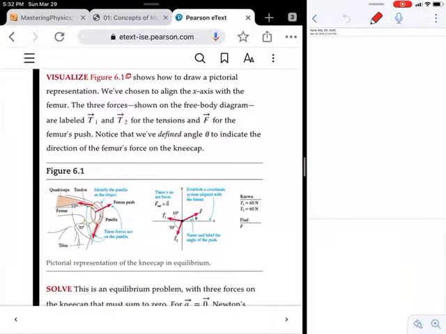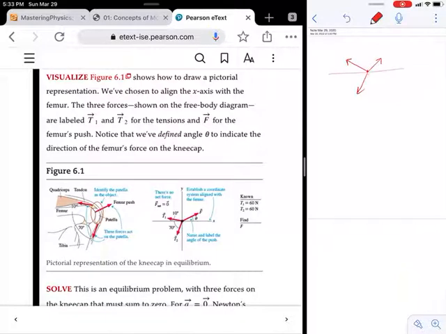All right, so here's kind of an image to go along with this. So this tendon, and I'm going to draw this free body diagram too, like we did a couple weeks ago. And then there's this one going here.